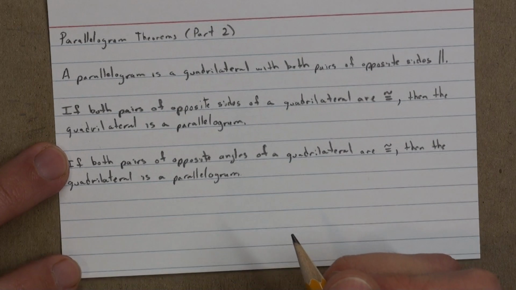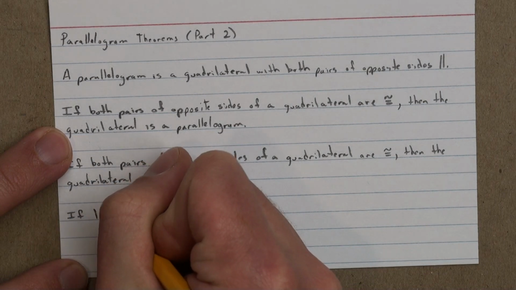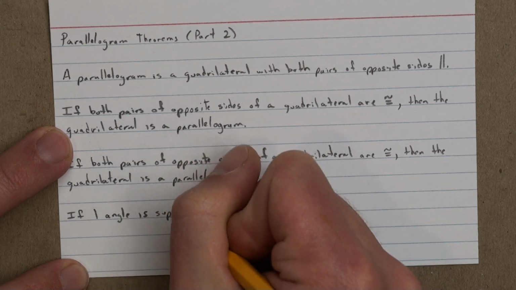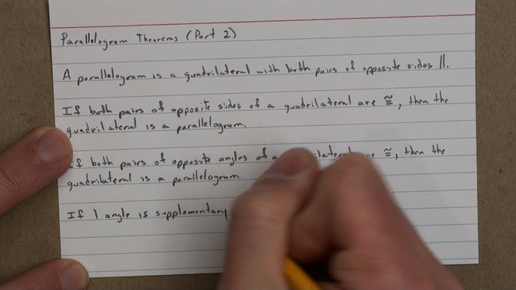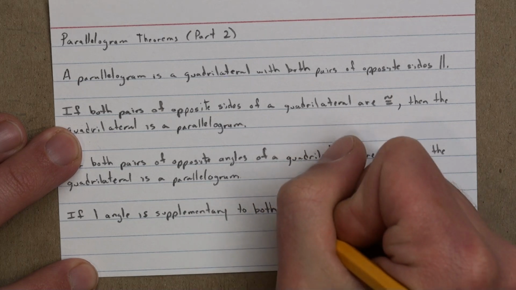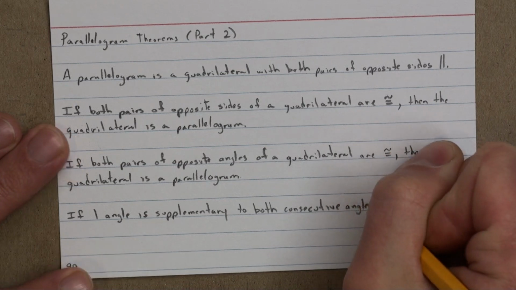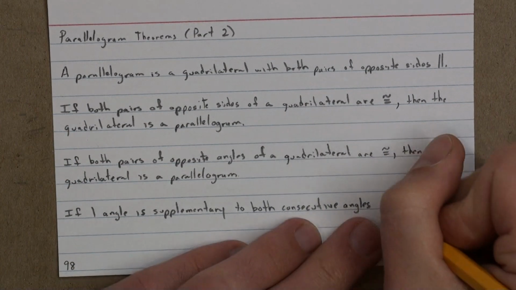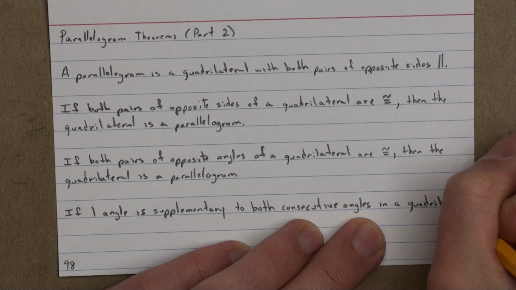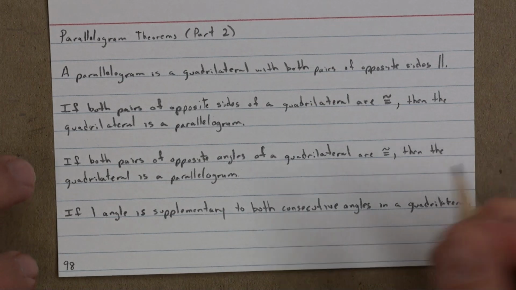If one angle is supplementary to both consecutive angles in a quadrilateral, then the quadrilateral is a parallelogram.